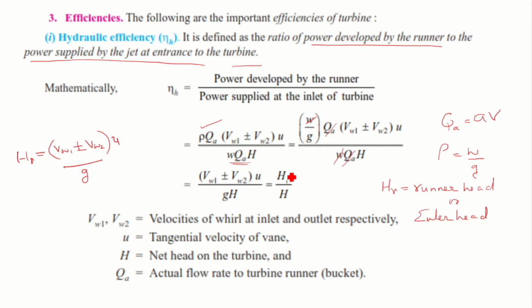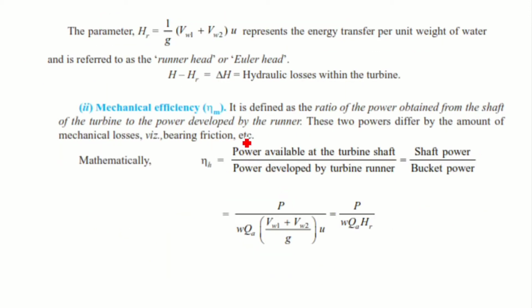So the hydraulic efficiency can be taken as the ratio of runner head to the net head. The parameter H_R is equal to 1 by g into (Vw1 plus or minus Vw2) into u, and it represents the energy transfer per unit weight of water and is referred to as runner head, or Euler head.